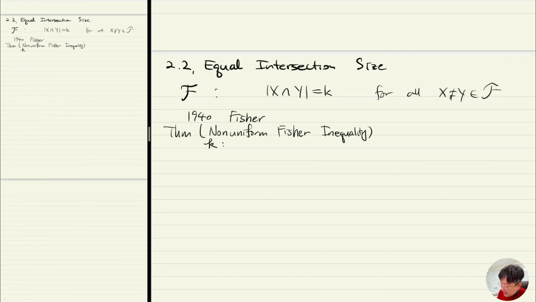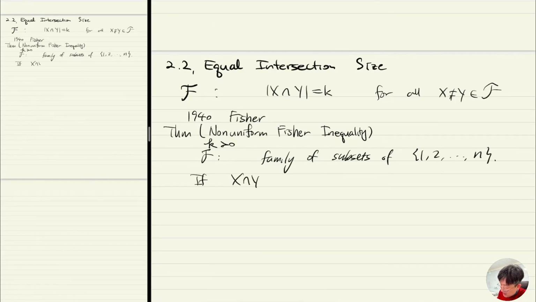So let's say k is a constant, and F is a family of subsets of 1 up to n.